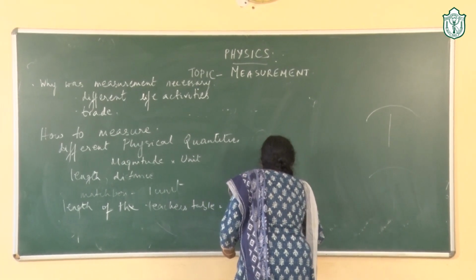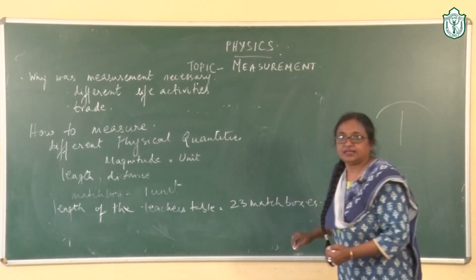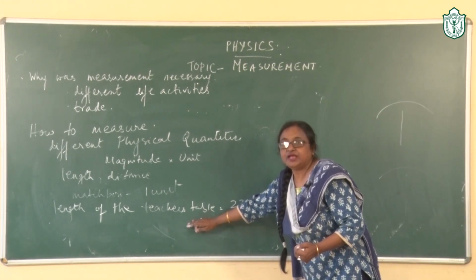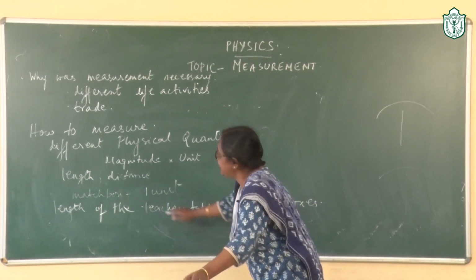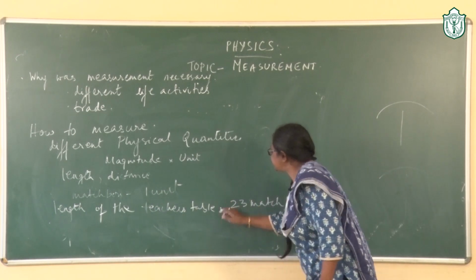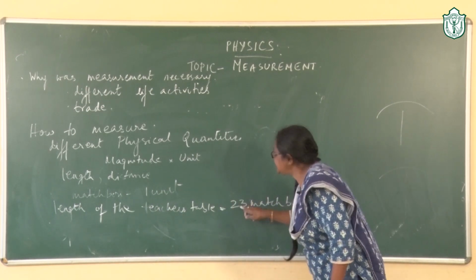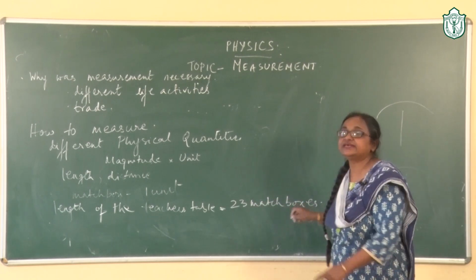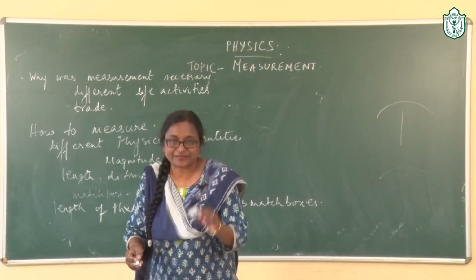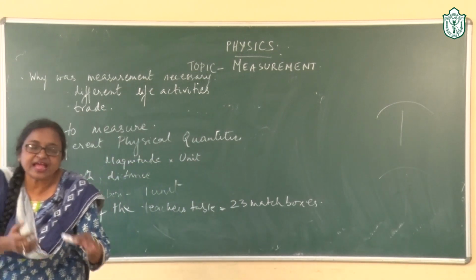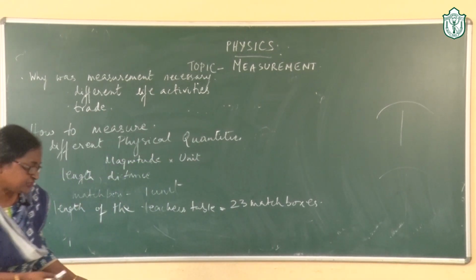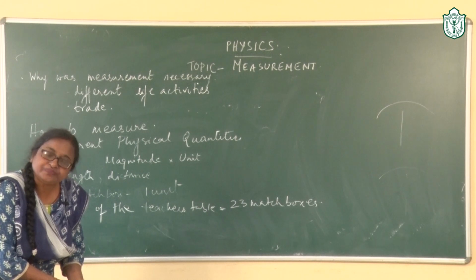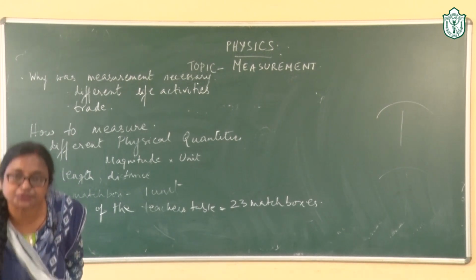Here we see, when we are describing the length, we have expressed it in this, what is this? This is a number and matchbox here is the unit. So when we have measured, we can this way measure breadth also, width, height also.